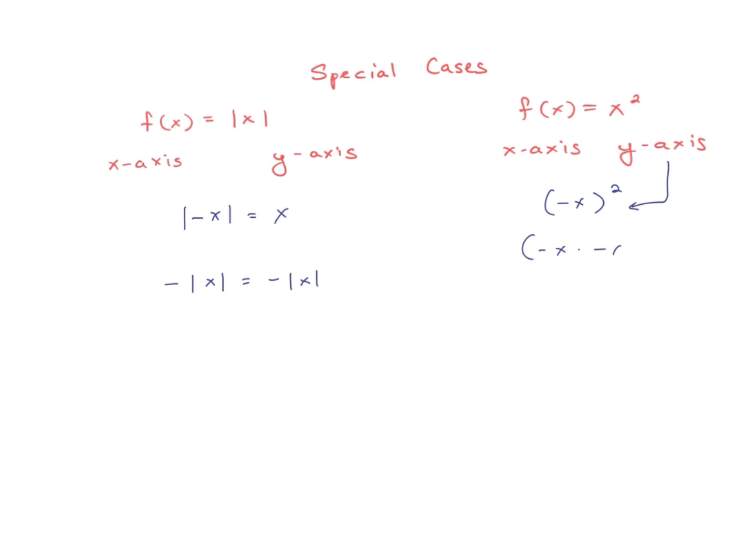You have negative x times negative x, which ends up being x squared. Whereas if you're doing it on the outside, which is more so your x-axis, you would have negative x times x, which is negative x squared. Same thing here: changing on the inside would be your y-axis, and changing it on the outside would be your x-axis.